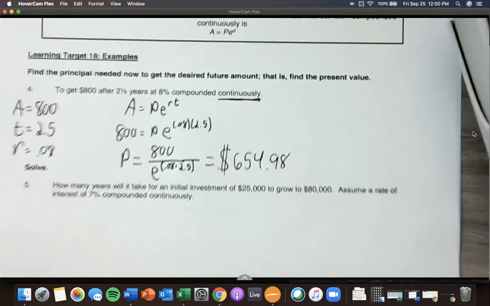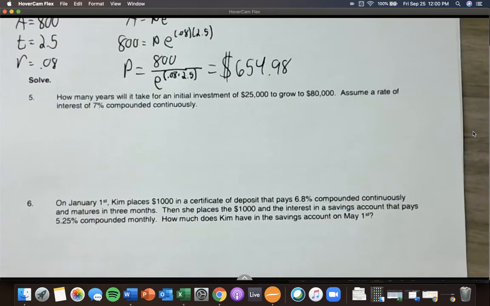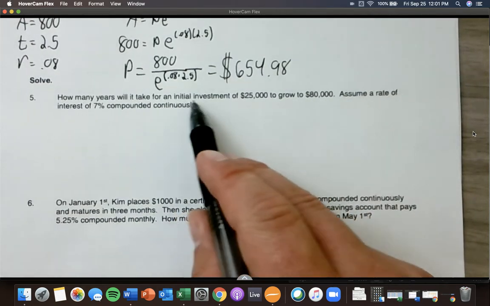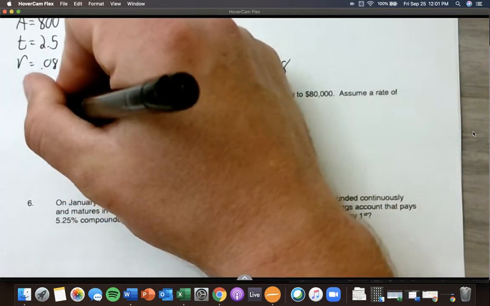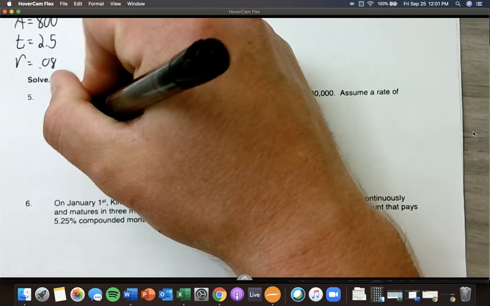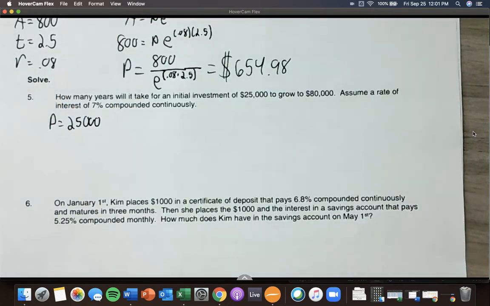Let's keep going. We've got 2 more examples. How many years will it take for an initial investment of 25,000 to grow to 80,000? Assume a rate of interest of 7% compounded continuously. Right, so here it gave us the principal, the initial investment, which is 25,000.